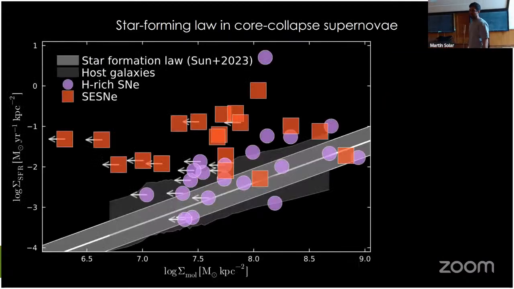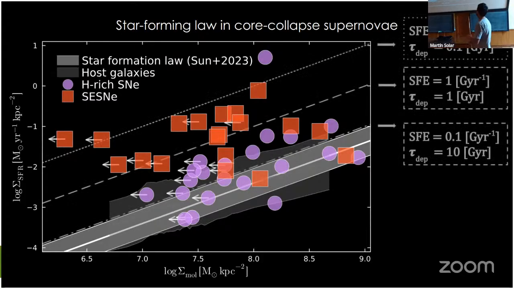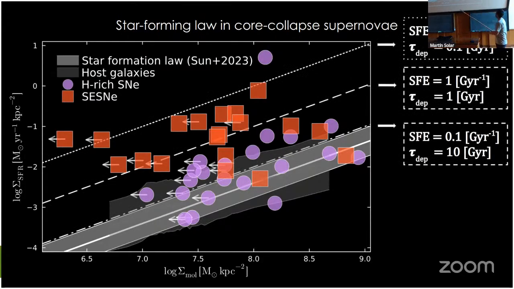So now we have this star formation law, but now it's possible to trace different lines for the molecular gas depletion time, or the star formation efficiency. And we can see that hydrogen-rich supernovae follow the trend of gas that is going to be consumed in 10 billion years.